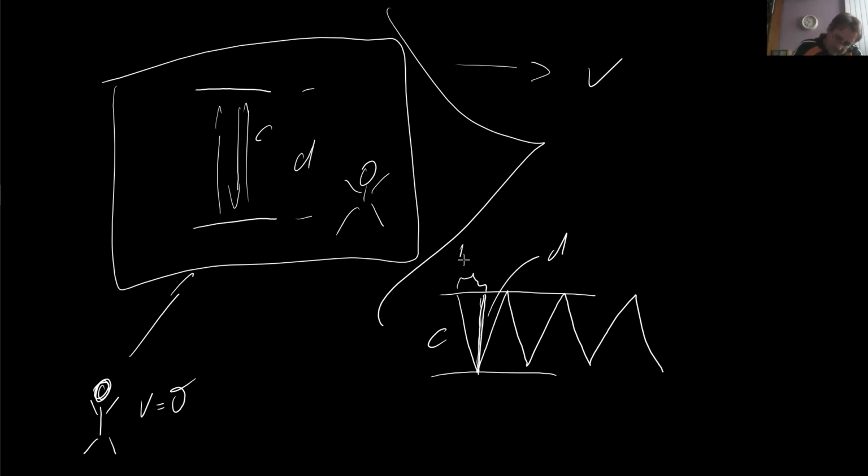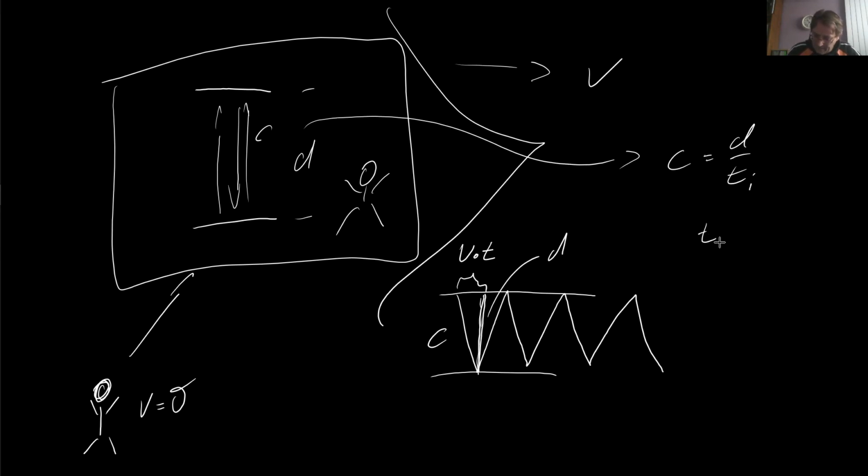We have here v times t, the distance, velocity multiplied with time. So here we have c equals d over t intrinsic, so t intrinsic is basically d divided by c.